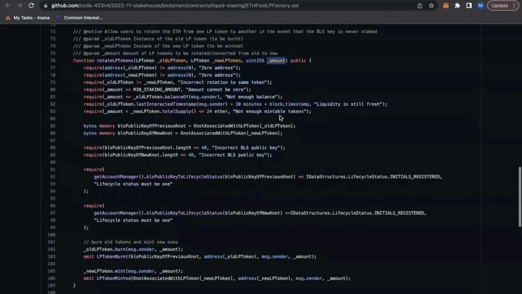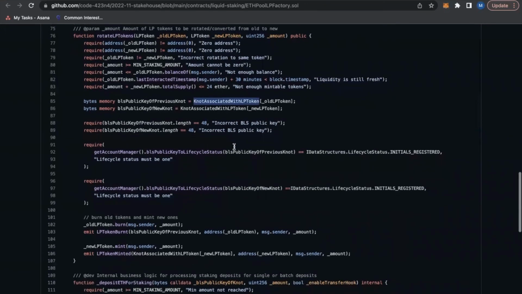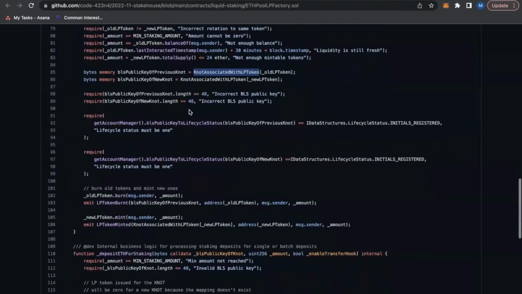So it first checks whether both these old and new LP tokens have an associated BLS public key registered in this liquid staking network, and then it checks whether both the LP tokens were initialized in the Stakehouse protocol. So they call the account manager and check that the validators are initialized.